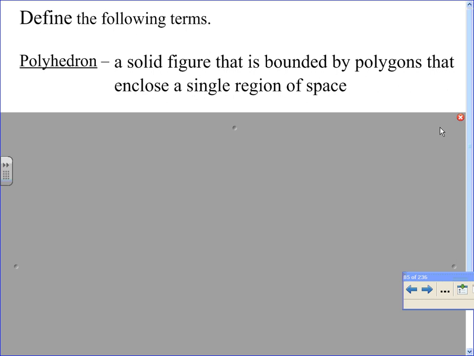So the fancy word polyhedron: a solid figure that is bounded by polygons that enclose a single region of space.